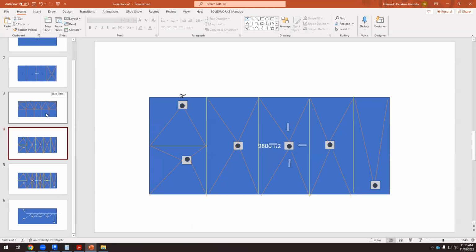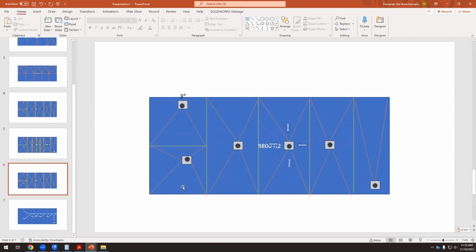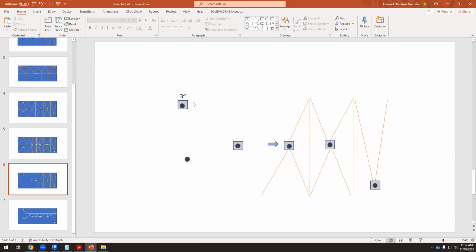If I have this layout on the roof, now I have to work on the basement. So on the basement, we don't have these, we just have the vertical pipes. We don't have the arrows and the shafts.